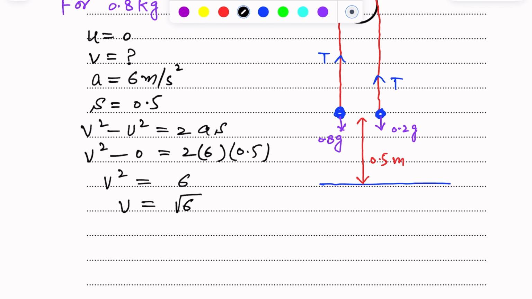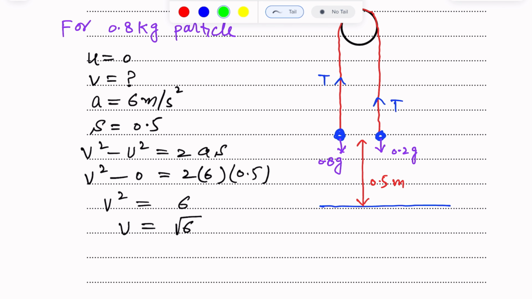This is the final speed with which the 0.8 kg particle reaches the floor, root 6 meter per second.